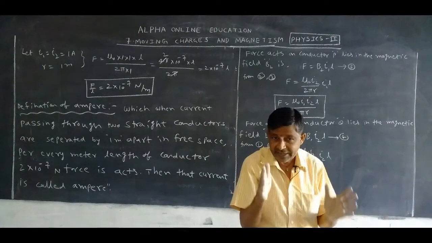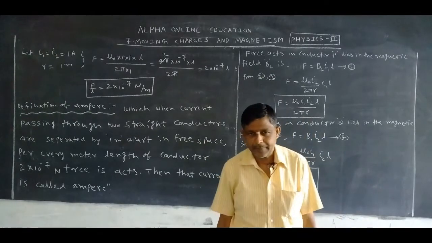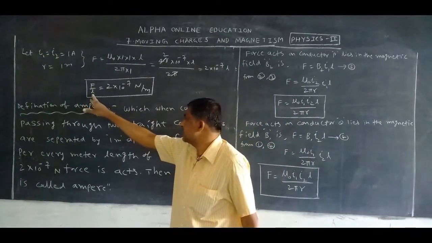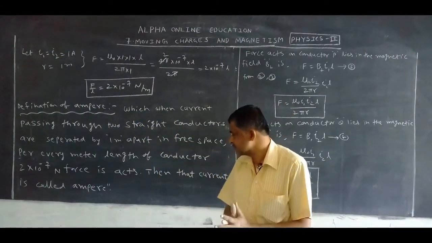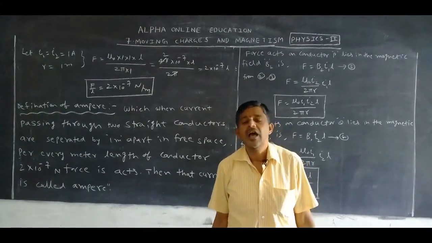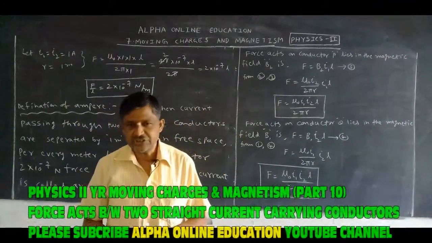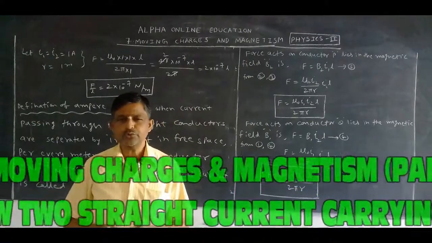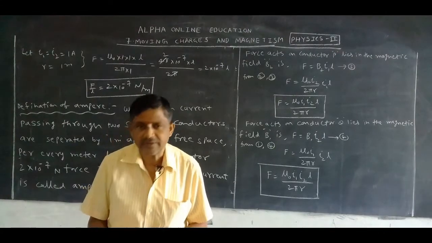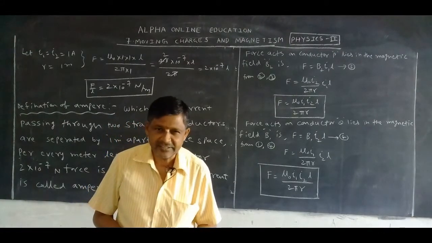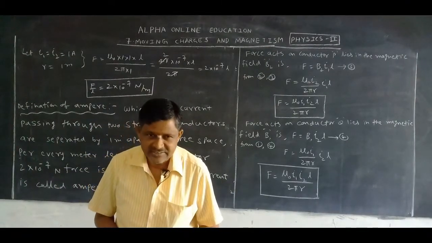When current passing through two straight conductors separated by 1 meter apart in free space, per every meter length of the conductor, 2 into 10 to the power of minus 7 Newton force acts, then that current is called ampere. Okay, this is the definition of ampere.